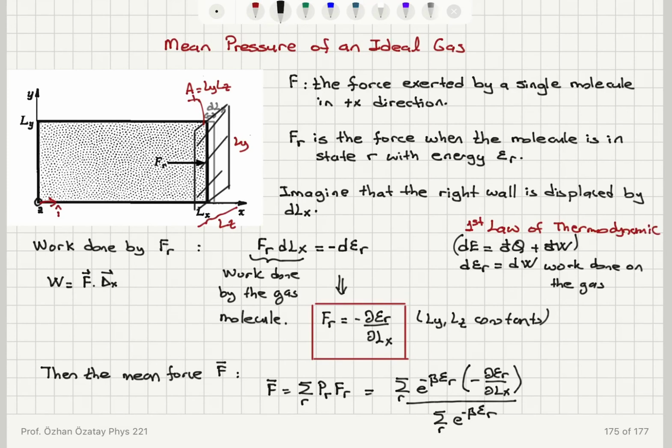Remember, this is d bar q and d bar w because it's not a change in work. Basically, the work done by the gas, d bar w, is going to be minus d bar w here, so the energy will be decreasing. So the force is minus the derivative of energy with respect to Lx. And the mean force is just calculated using canonical distribution.